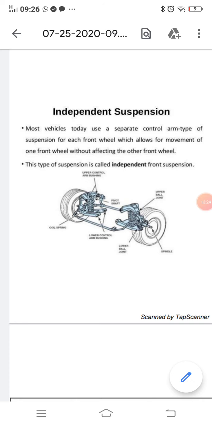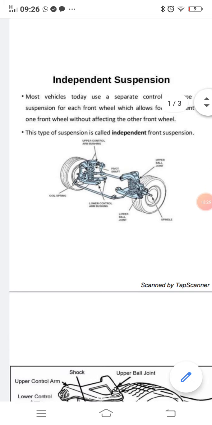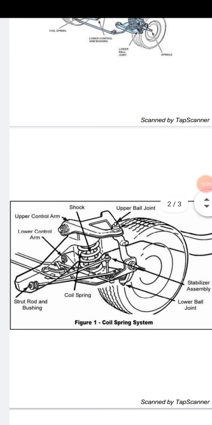That's why it's called the independent type of suspension system. And the coil spring is one type of independent suspension system. It can move up and down without the help of the other wheel.